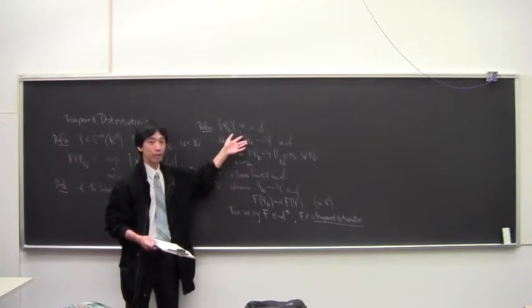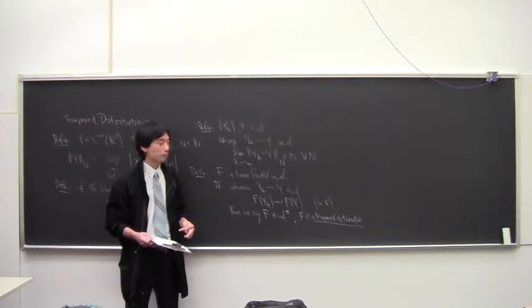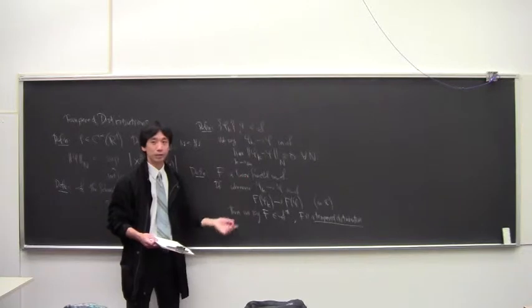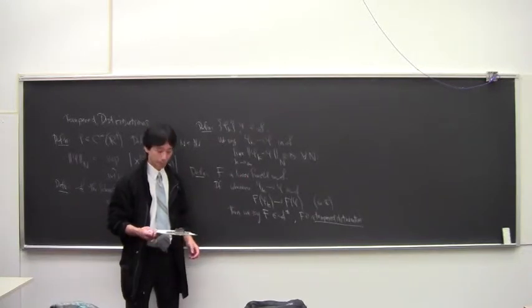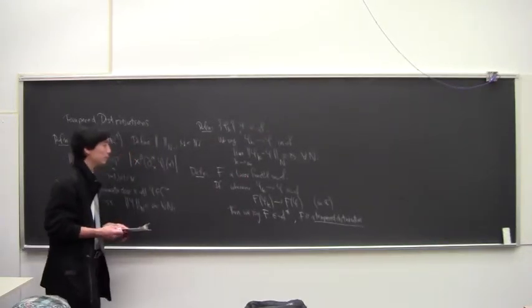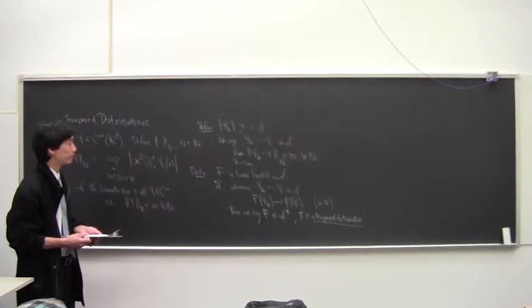That you interact well with convergence. That you can commute with convergence. Okay, so whenever that happens, we say that you're a tempered distribution.